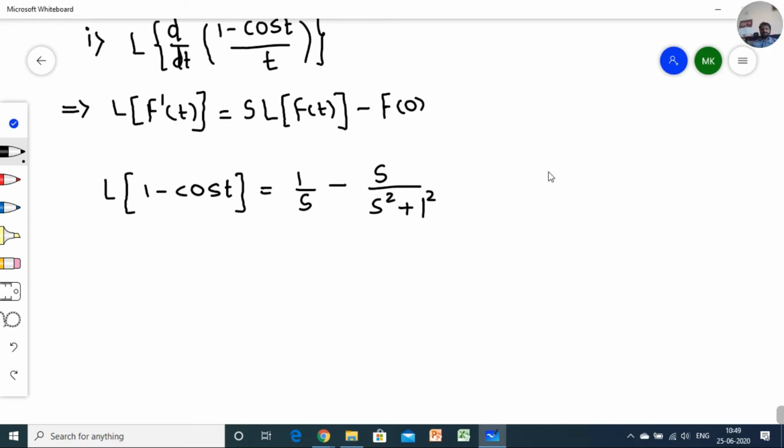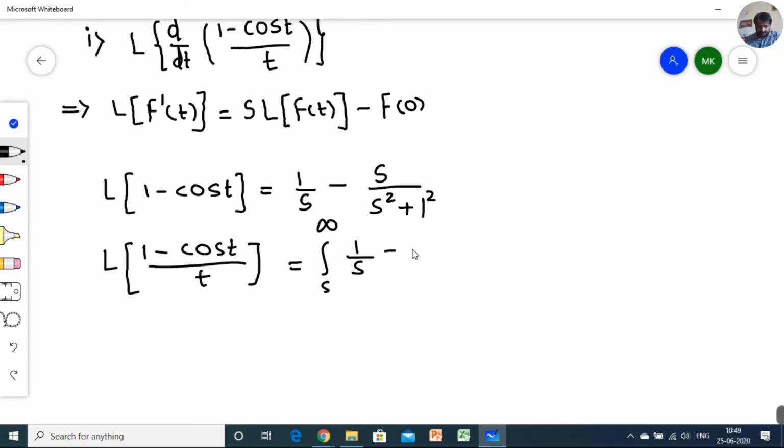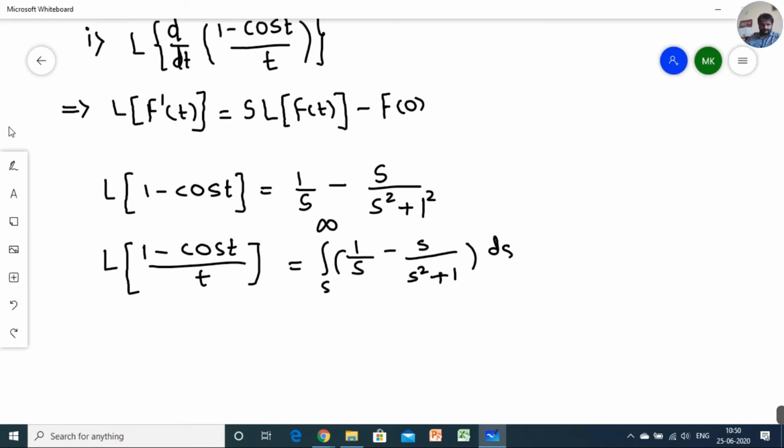If the question is 1 minus cos 2t, you have to use s square plus 2 square. तो क्वेश्चन कुछ भी हो सकता है, you have to use this, and the division by t rule is: Laplace of (1 minus cos t) divided by t, so we have to utilize integration, that is, from s to infinity of (1 by s minus s upon s square plus 1) ds.